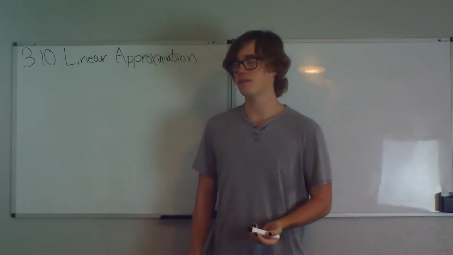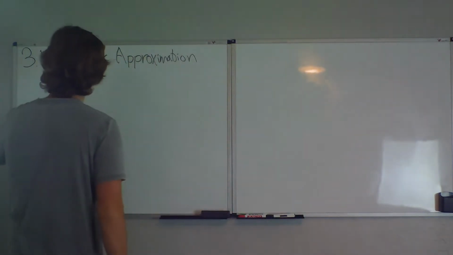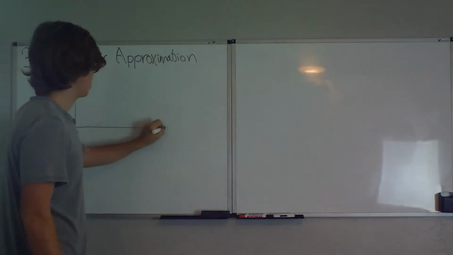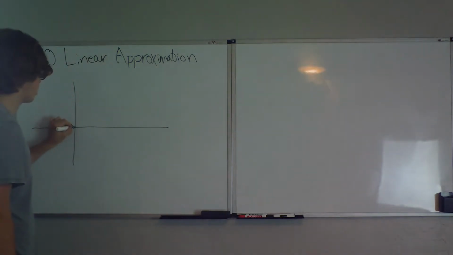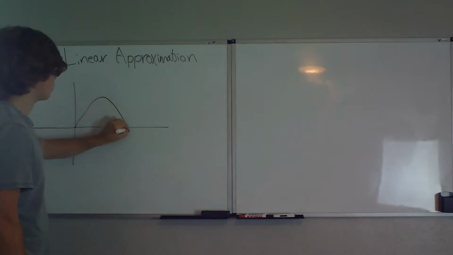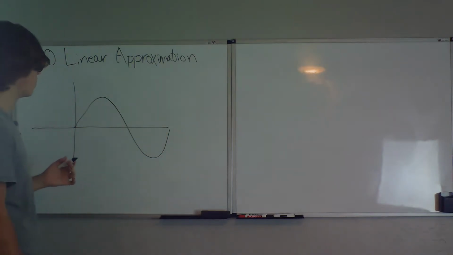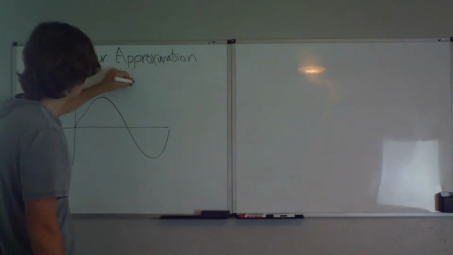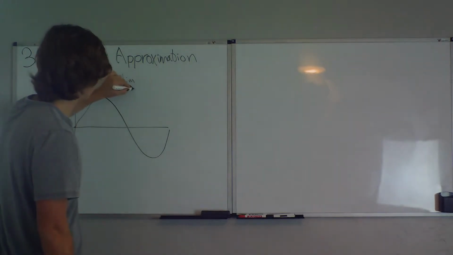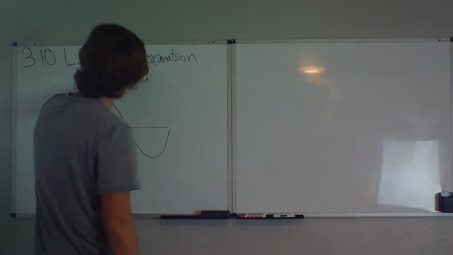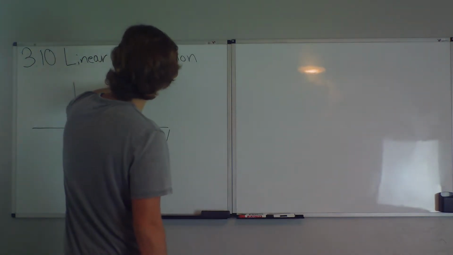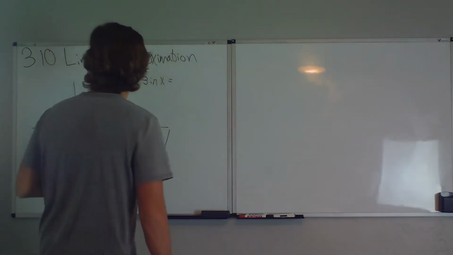Let's say we have a sine curve. You start at the origin. Where does it start? It starts at 0, goes up, goes down, and so on. But what if we take the limit as x approaches 0 of sine of x? Well, what is this going to be equal to?